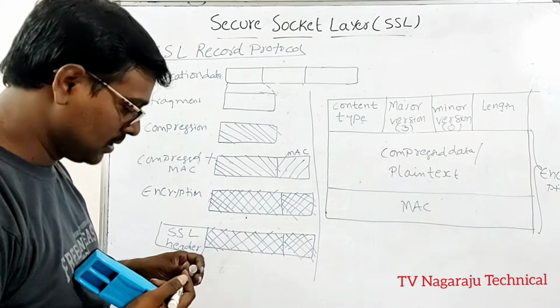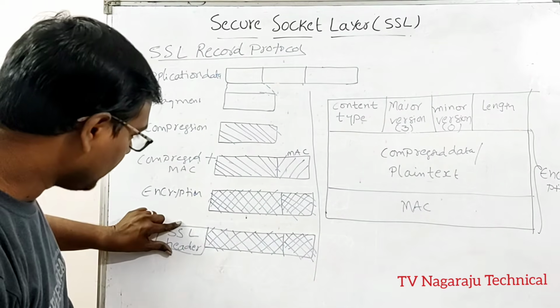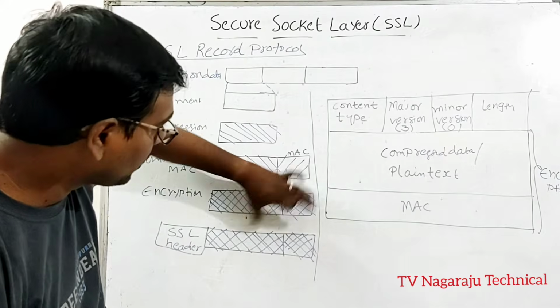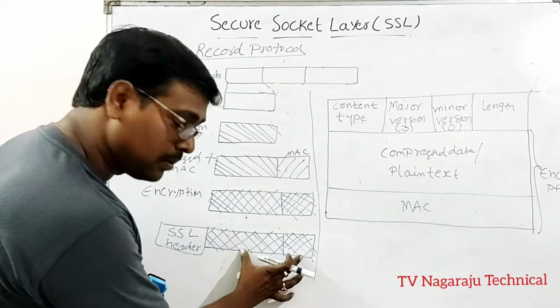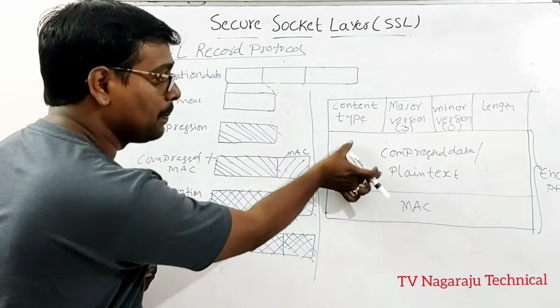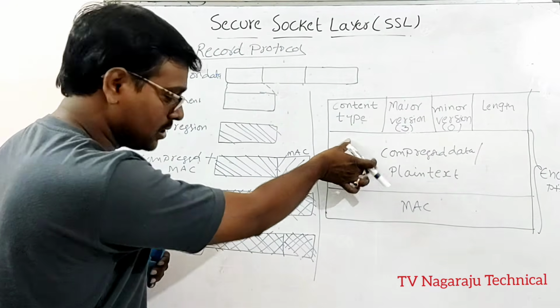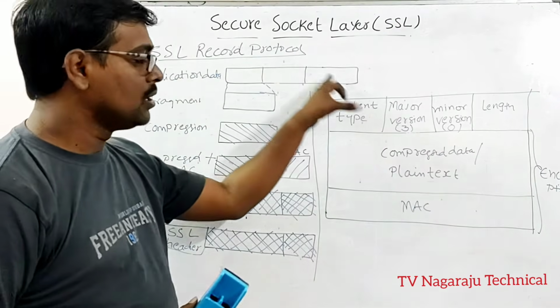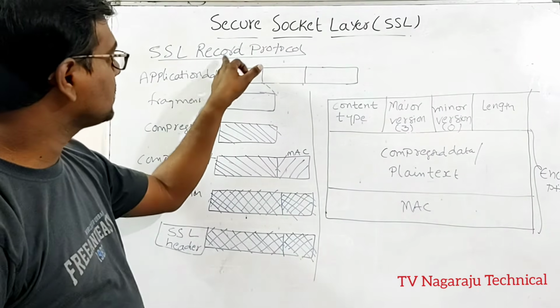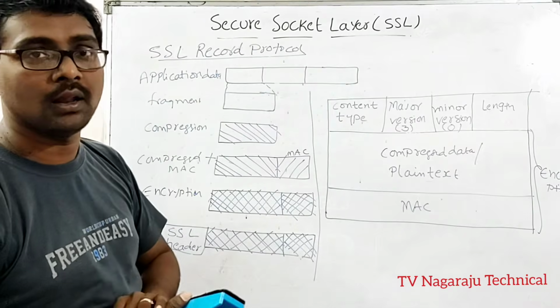I think now the diagram is clear. The SSL header is added to the encrypted data. Under this encryption, the first part is the compressed data or plain text, and the second part is the message authentication code. So this is the SSL record protocol.